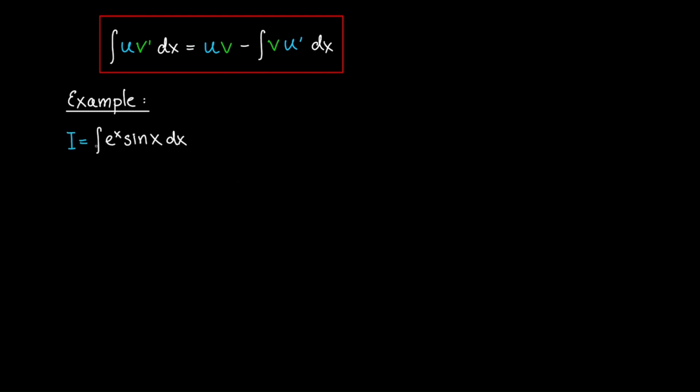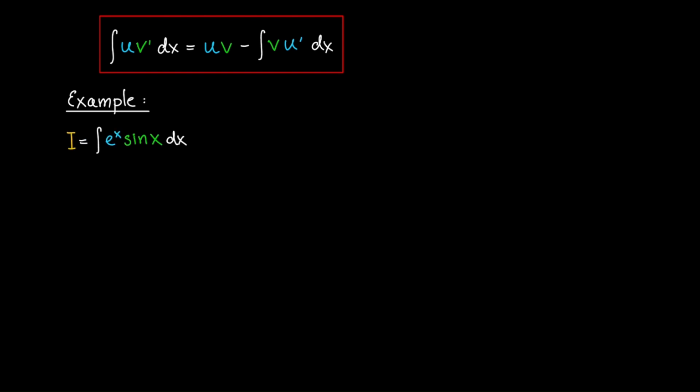Let's say we're tasked with solving the integral of e to the power of x times sine x. Please note in the front, I wrote I equals. Now I basically represents this entire integral, and I will show you afterwards why exactly I wrote this.